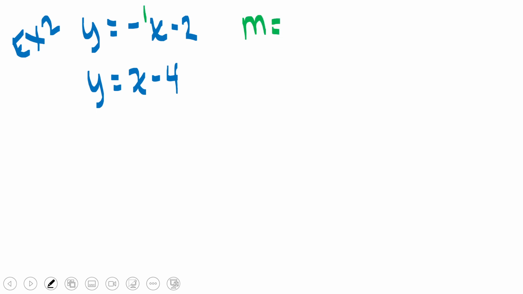It's going to be right here. There's an invisible 1, so rise over run of negative 1. And when we plug in 0 for x, it's going to leave y equals negative 2. So our y-intercept is going to be 0 for x, negative 2 for y.